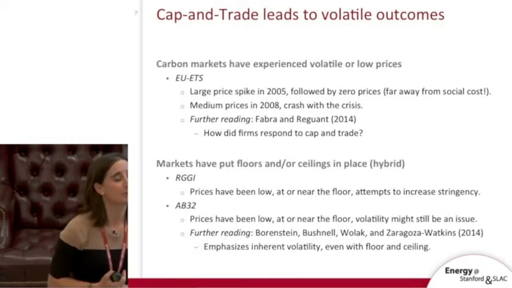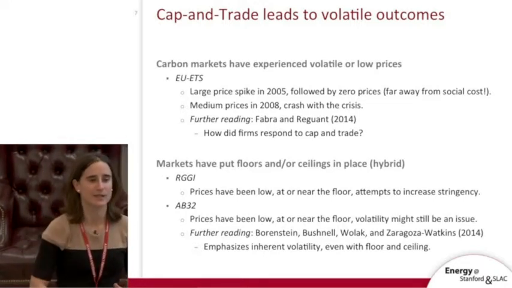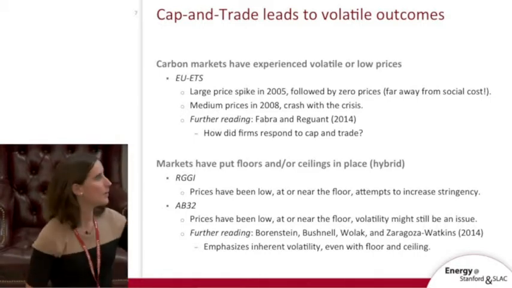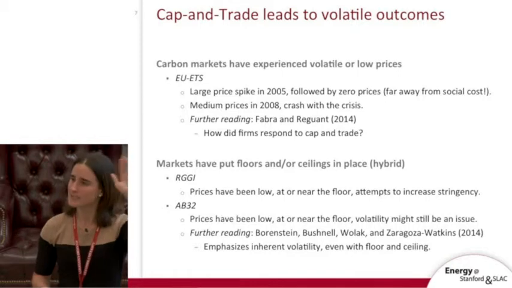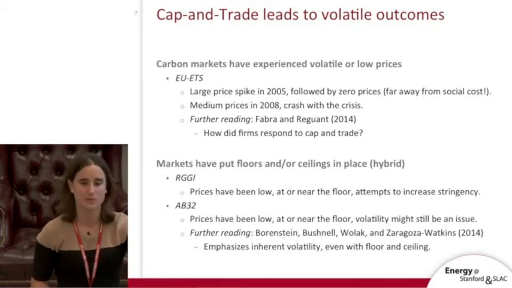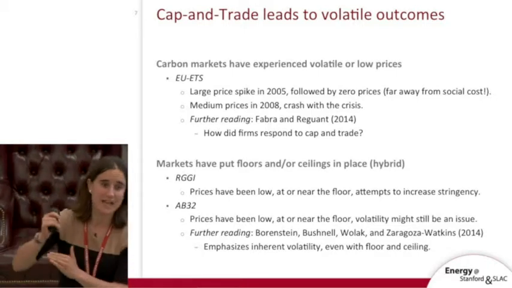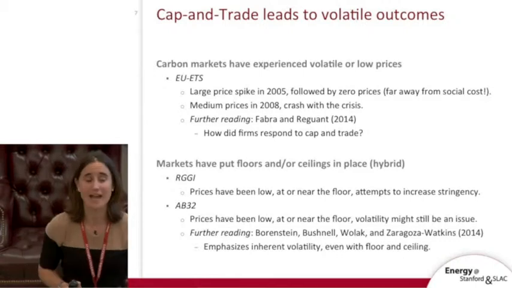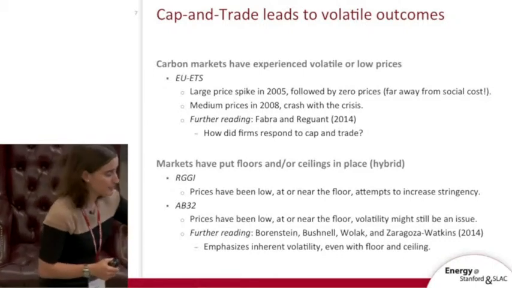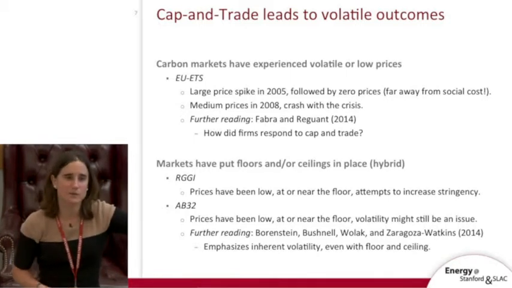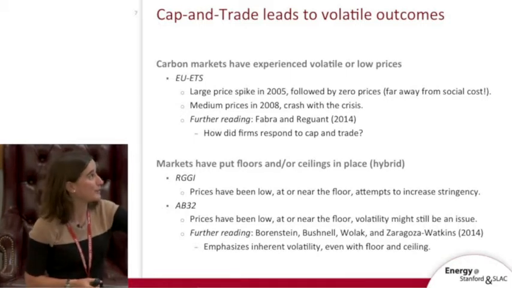If we are worried too much about this price volatility, prices being too high, prices being too low, and changing too constantly, what one can do is to say, okay, prices can go down, but they cannot go down to zero. There will be a floor. And one can also prevent prices from spiking by putting a ceiling. Okay? And this is actually what many cap-and-trade programs in the US have done. The RGGI in the Northeast and also the AB 32 in California.